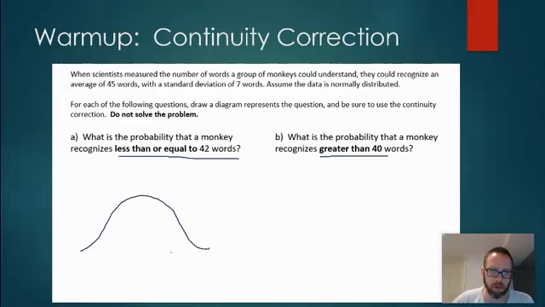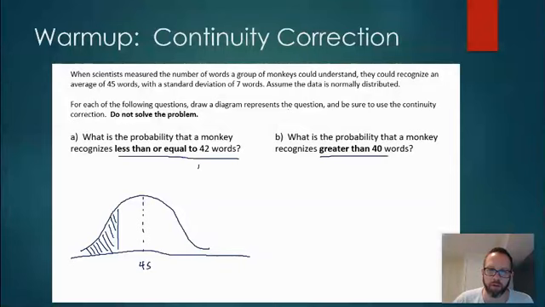So just do a rough sketch here. So the mean is 45. If you were finding the probability that a monkey recognizes less than or equal to 42 words, so it's a less than probability, you'd be finding this area. But remember, when we're taking discrete problems and using the normal distribution, we apply this continuity correction.